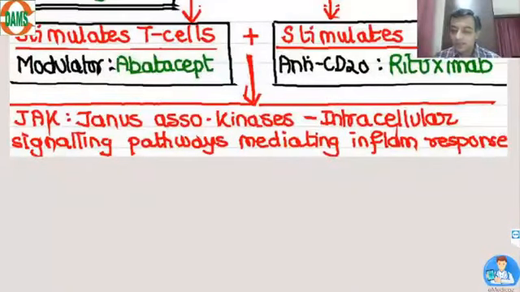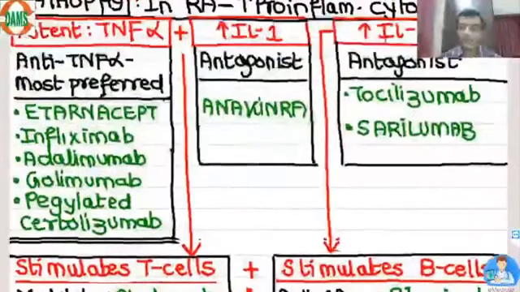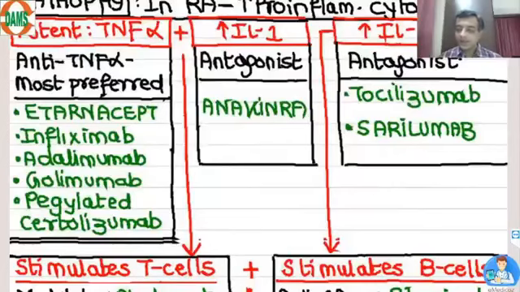So we have written the first line agents: anti-TNF alpha, interleukin 1 antagonist, interleukin 6 antagonist. What they do is suppress the inflammation.